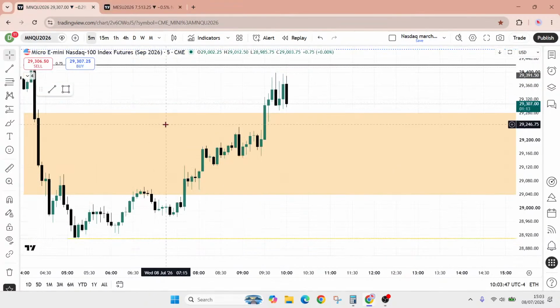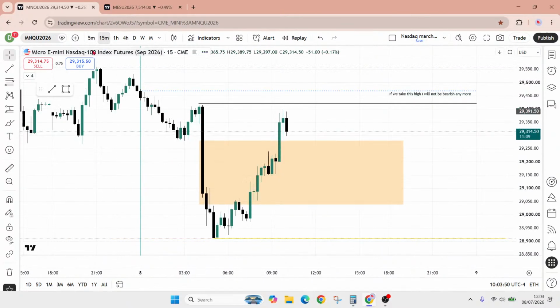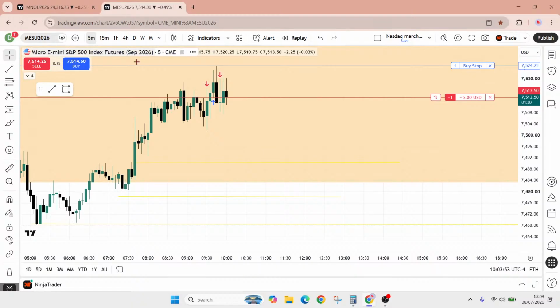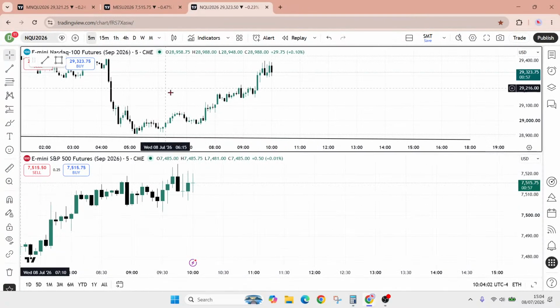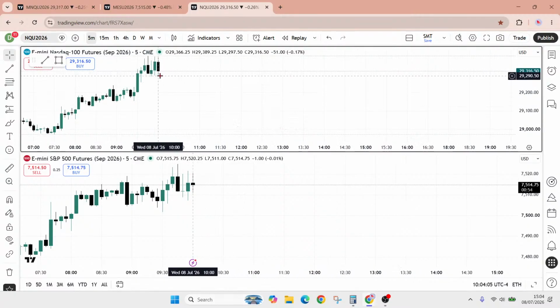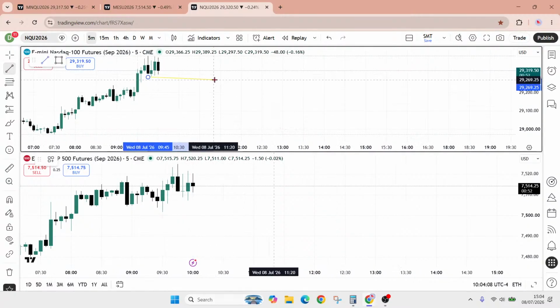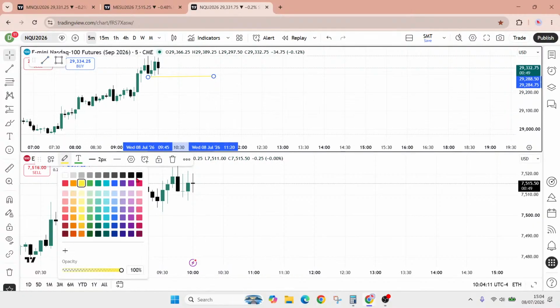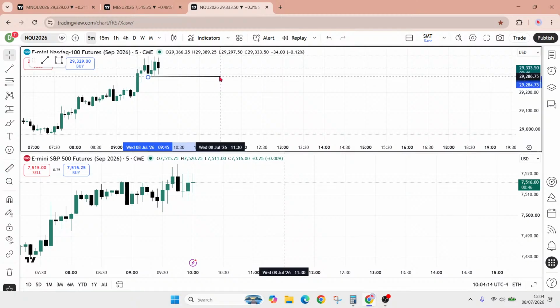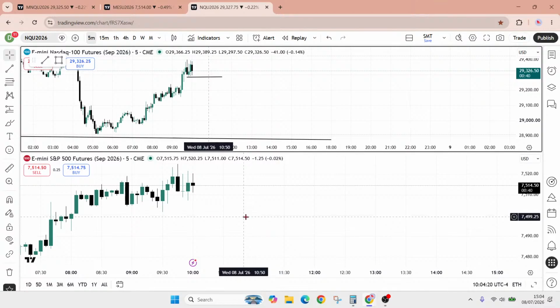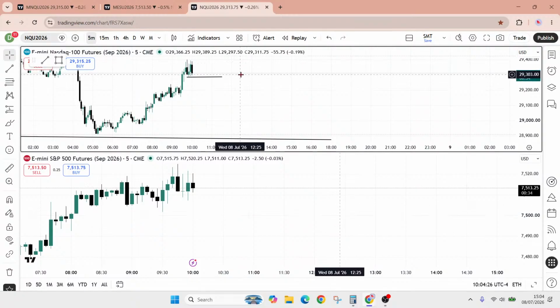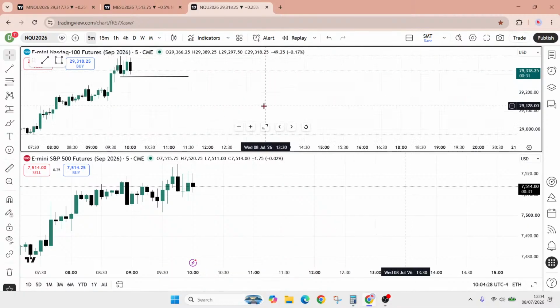NQ, look at that candle. If we compare both at the same time, if we break here, I will be clearly bearish. So we break that, I'm bearish, officially bearish.